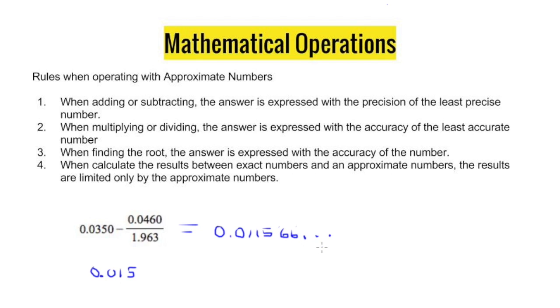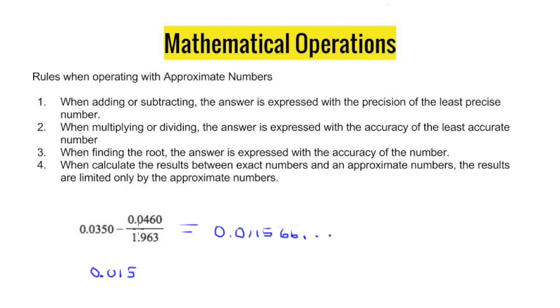All right. However, we need to round this to the appropriate precision or accuracy. So we need to look at it. In this problem, we both have subtraction and division, so we have to decide whether we're going to be following rule 1 or rule 2. We can't do both. So in order to do that, we need to understand our order of operations. Order of operations states that one of the first things that we always do is division first.